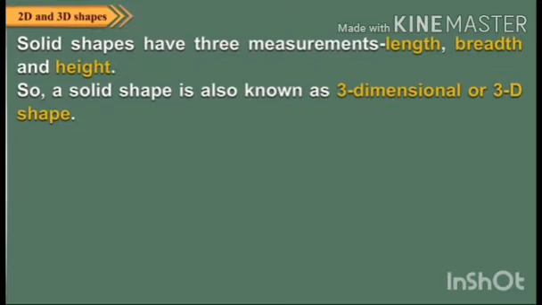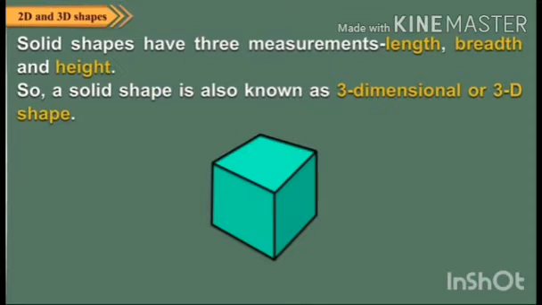Now solid shapes have three measurements: length, breadth and height. So solid shapes have three measurements, which are length, breadth and height. So these are three-dimensional because they have three measurements. Where there are two measurements it is 2D, three measurements is 3D. An example of a 3D shape is given here as a cube.